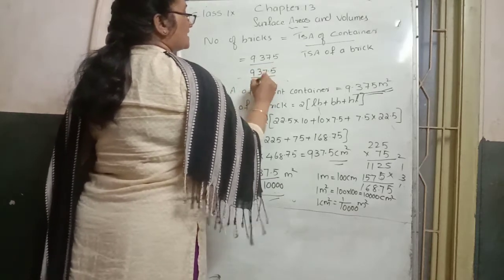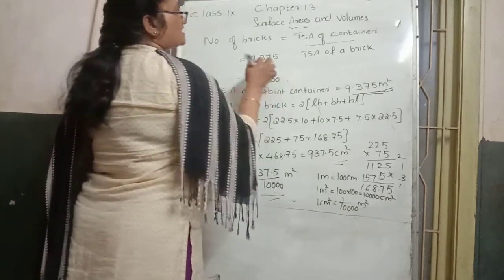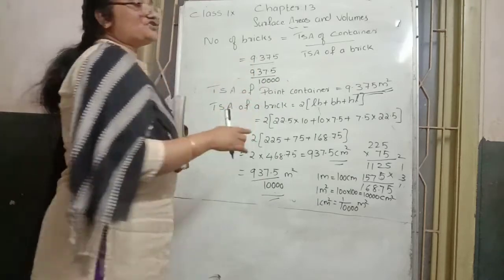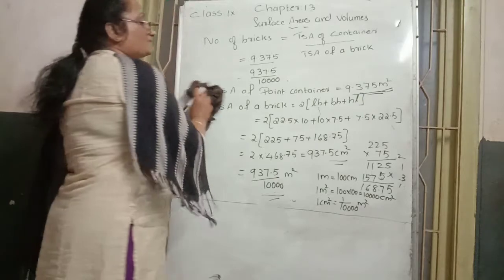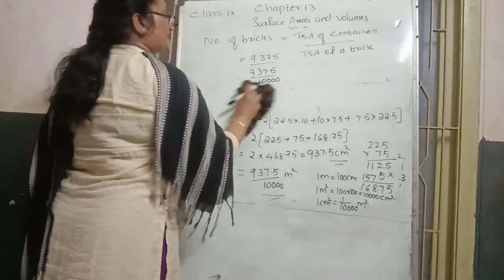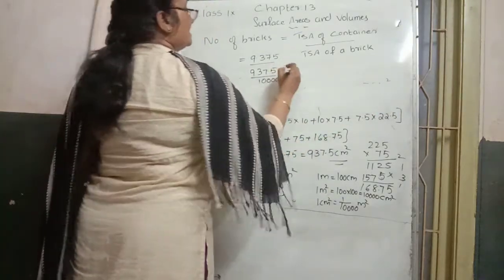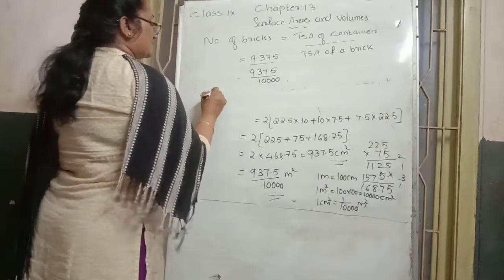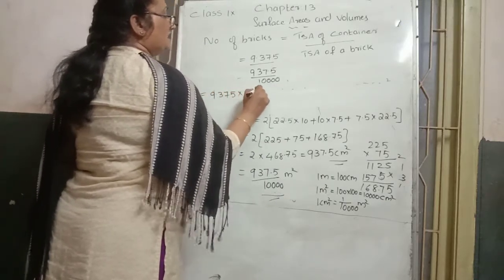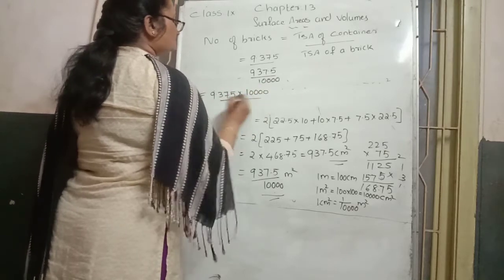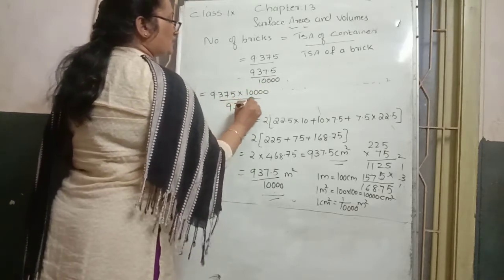937.5 divided by 10,000. Here, see, the denominator is a fraction, so we take the reciprocal and multiply. That's why we take the reciprocal of this number. The reciprocal means 9.375 is multiplied by 10,000 by 937.5.